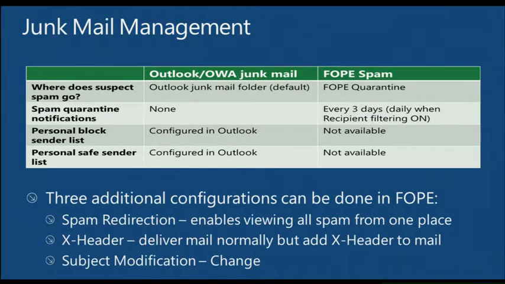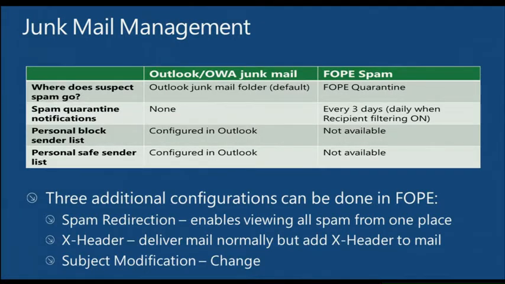We can also add an X header. An X header allows you to put something into the header of the message, which can then be identified by different email processing applications or appliances when that mail arrives at your organization, which means you can choose to do something with that message and route it in a certain way.